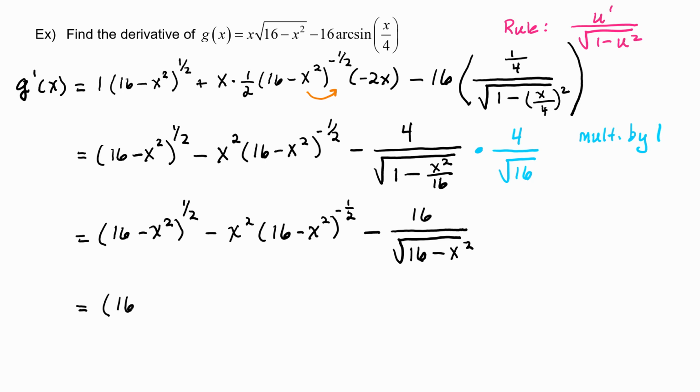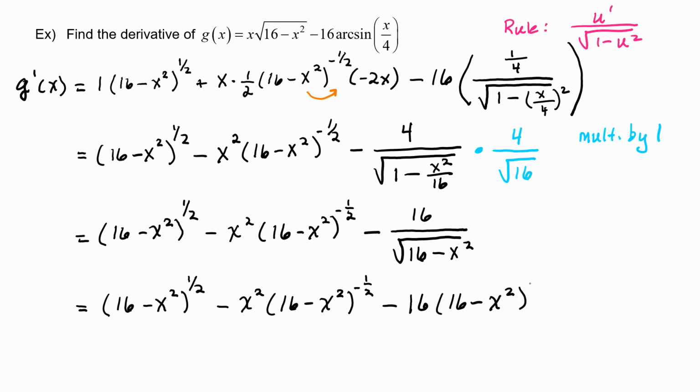We have 16 minus x squared, that quantity to the 1/2, minus x squared times the quantity 16 minus x squared to the negative 1/2, minus this coefficient here of 16. And then if we bring this radical to the numerator, it becomes the quantity 16 minus x squared to the negative 1/2.